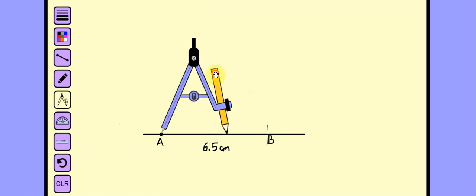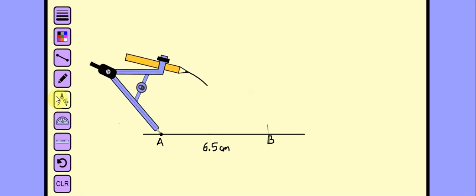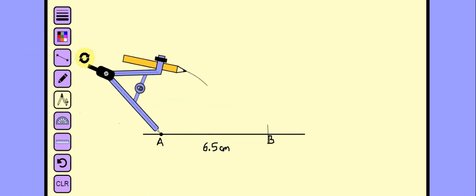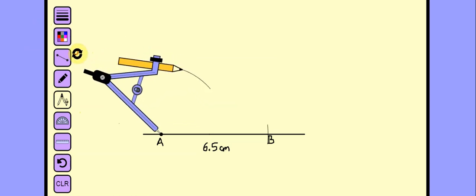But this time we are going to scribe the arc above the line AB. Alright, let me use a thinner pencil here for my construction lines. So that is our arc above the line.